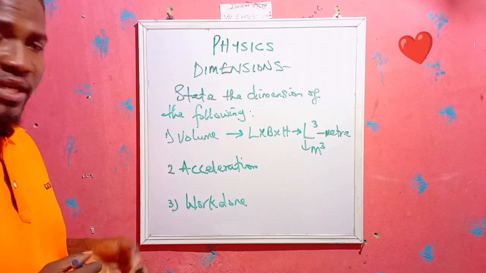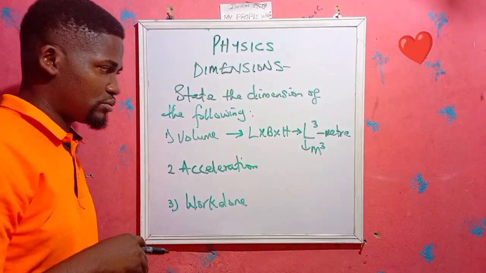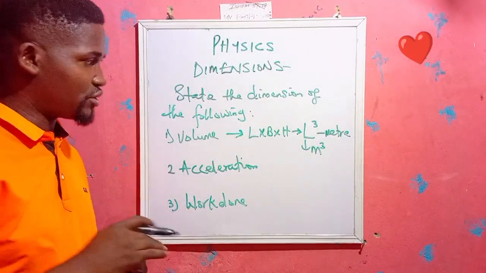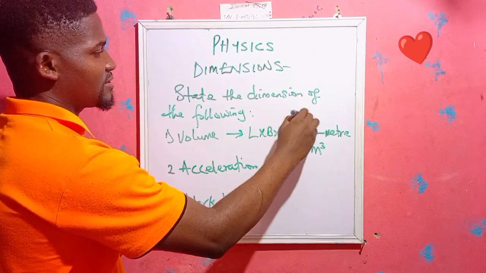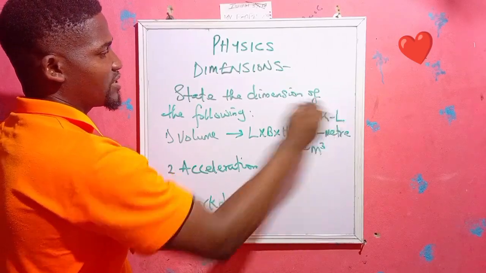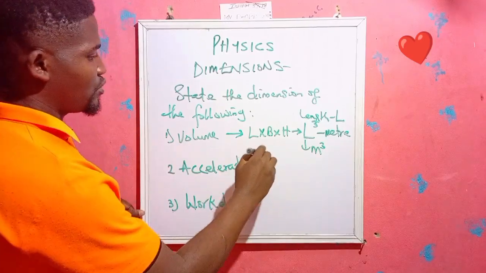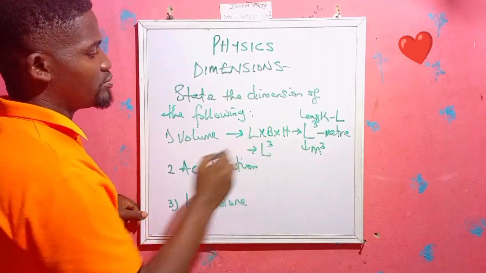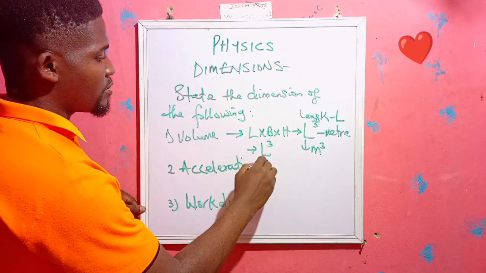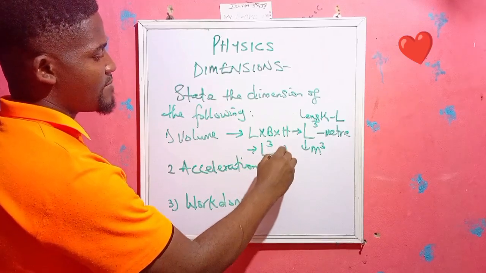I hope you're following. Now, if we go back to dimension, for length we use L. Take note. So it means the dimension for volume will be L cubed.